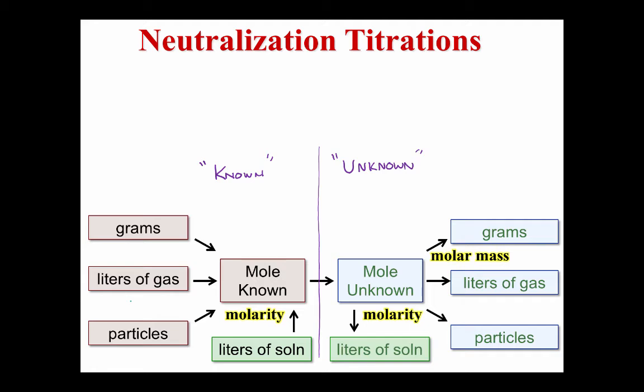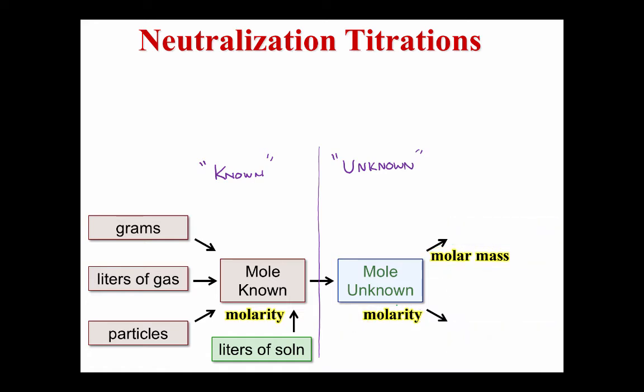To convert from moles to grams, we used a measurement called the molar mass. In addition, we added the concept of molarity to convert from moles of a substance to liters. Well, in neutralization titrations, we are going to try to find these two conversion factors to see if we can calculate the molarity, or the molar mass.